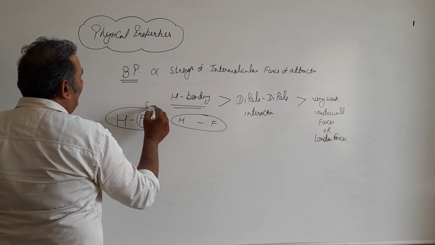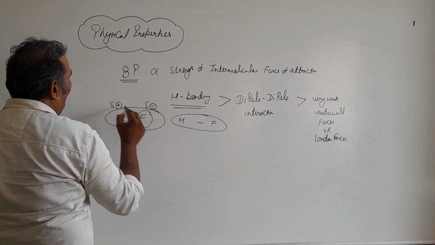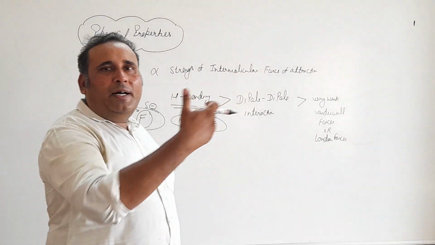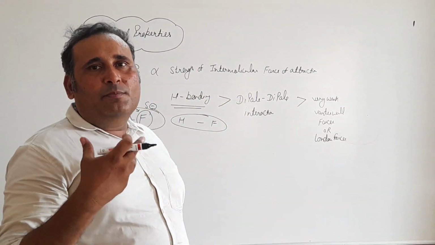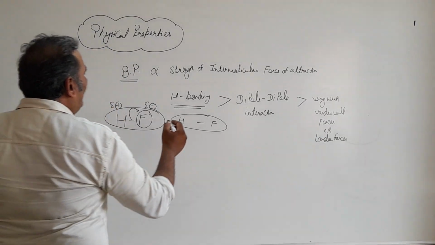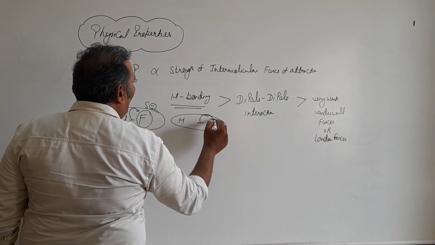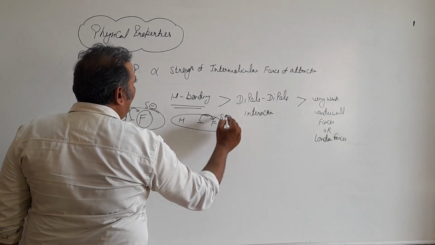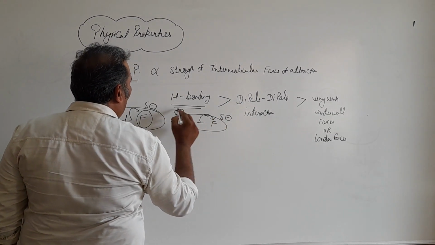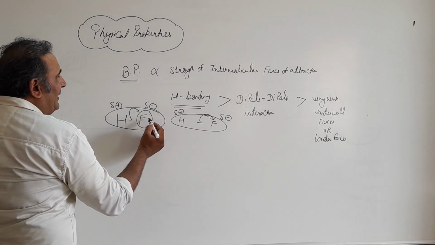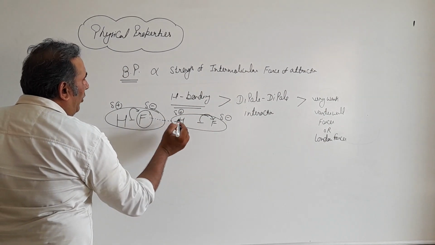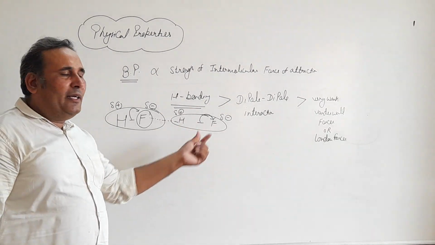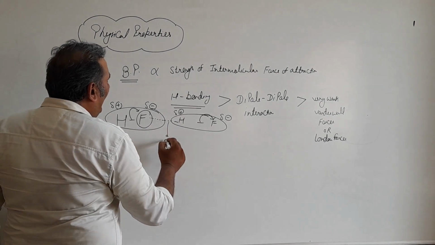Here there is delta negative charge and there will be delta positive because the electron of this bond shifts towards fluorine, which is more electronegative. In the second molecule also the electron of this bond shifts towards the fluorine atom. So there is partial negative and partial positive. Now this partial negative F atom makes a bond with the H atom attached to the electronegative atom. This is called hydrogen bonding.